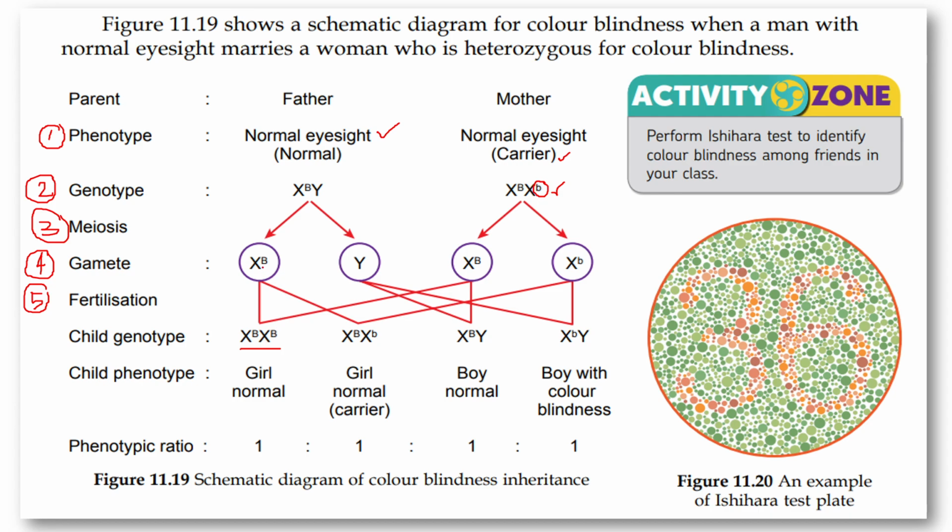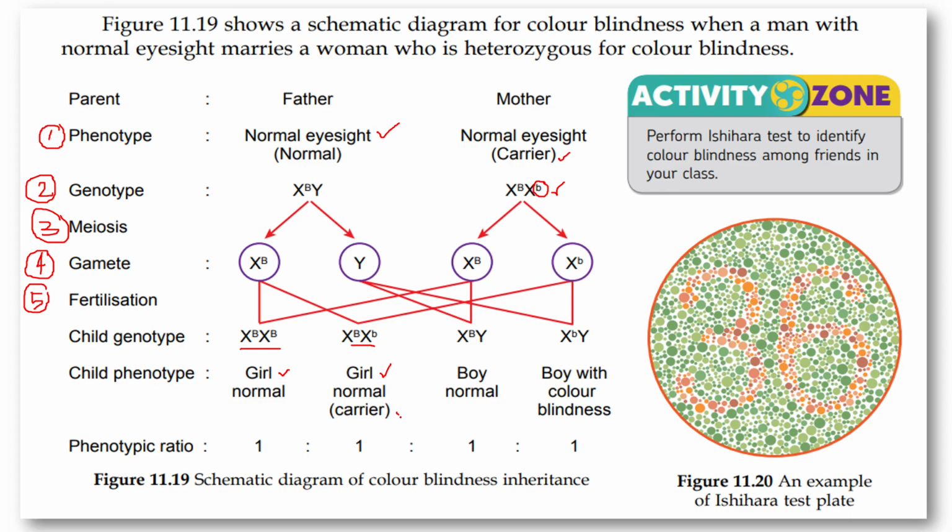Okay, so X capital B fertilizes with the recessive allele from the mother. So this will be the child genotype. This is heterozygous for color blindness, which means the daughter, XX is a girl.